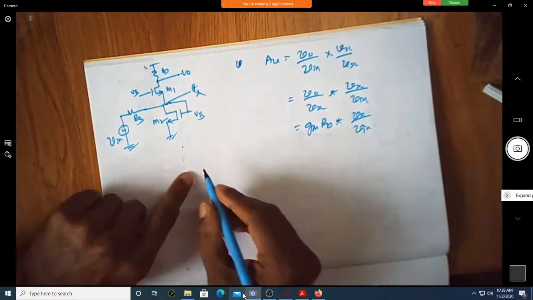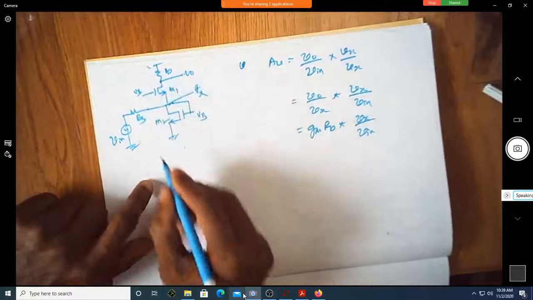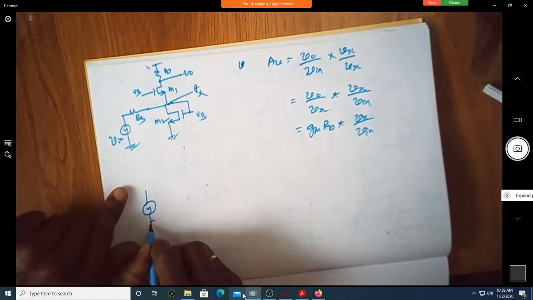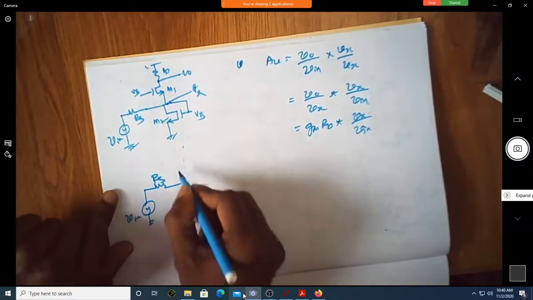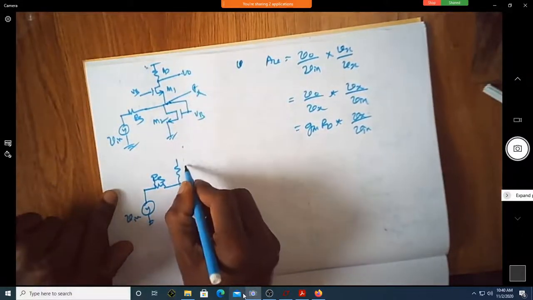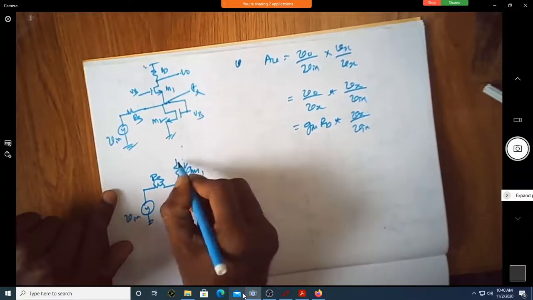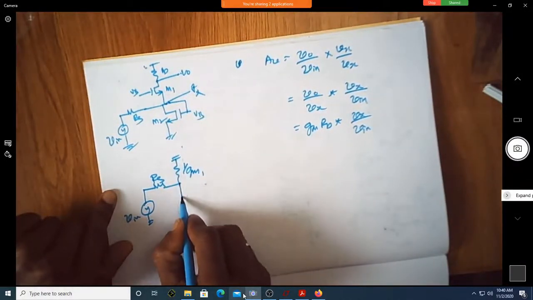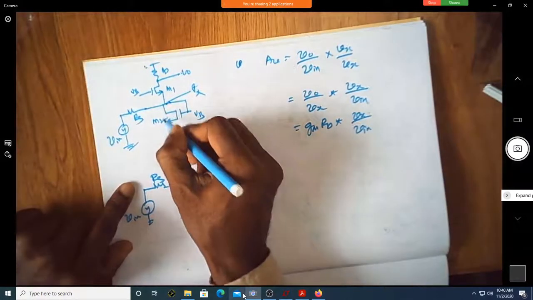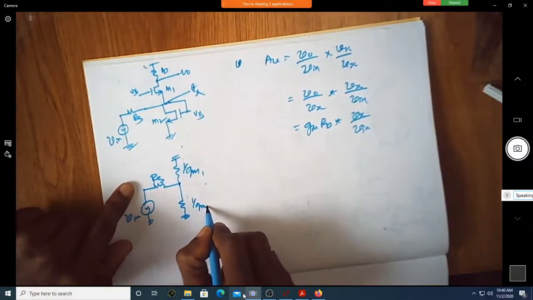Shall we write this circuit as: this is Vin, this is Rs. Looking up here, how much? 1 over gm1. Looking down here, 1 over gm2. Is this Vx?